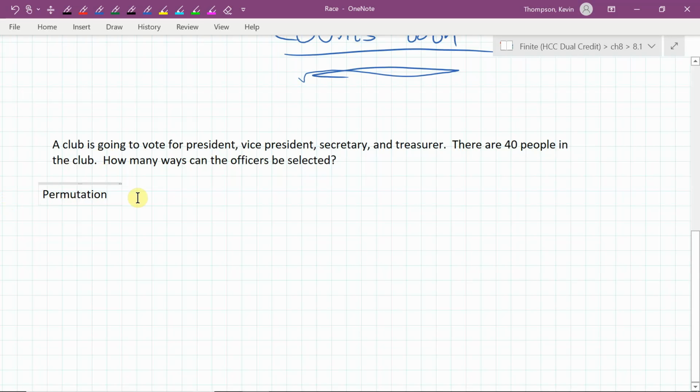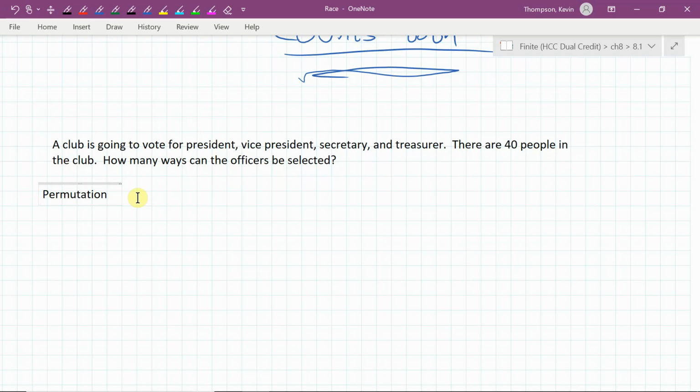Why not? Why are they not interchangeable? Okay, we definitely can't have one person be all 4 positions. So what if I say the 4 of you right here are the officers?